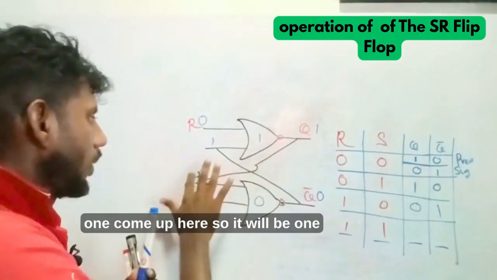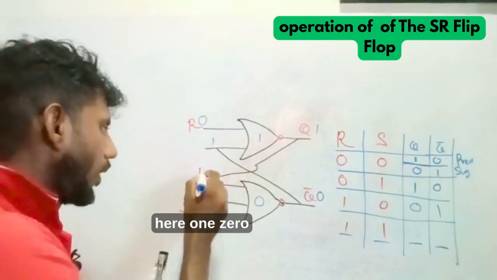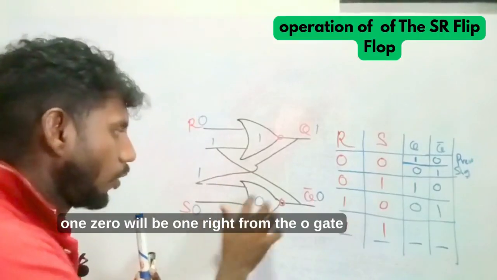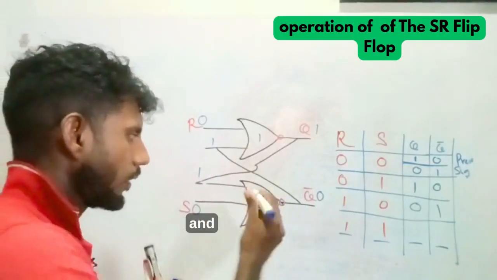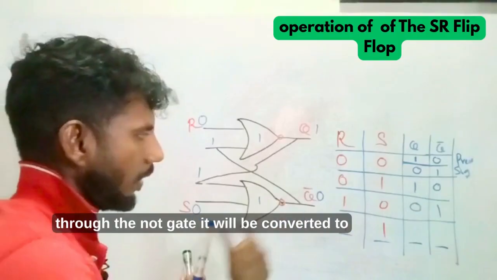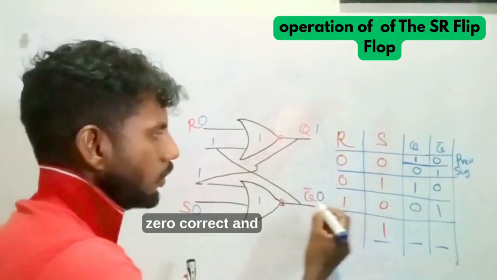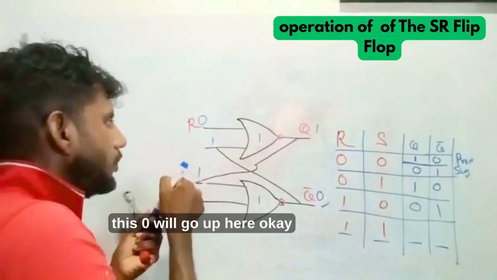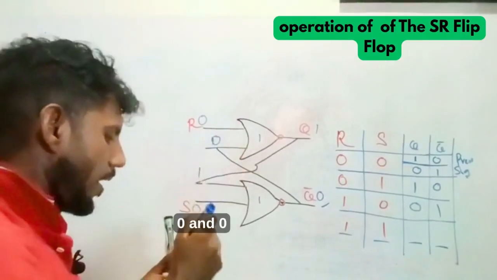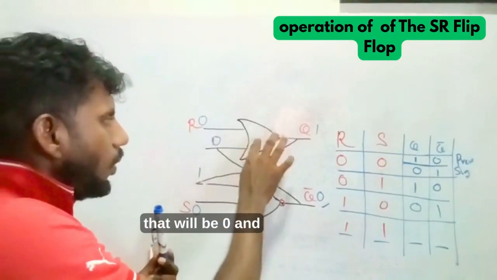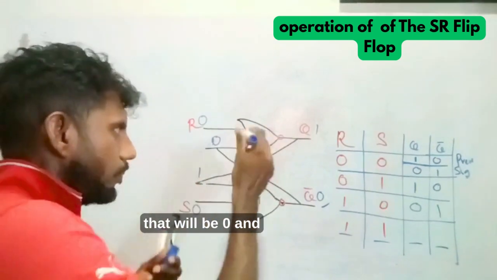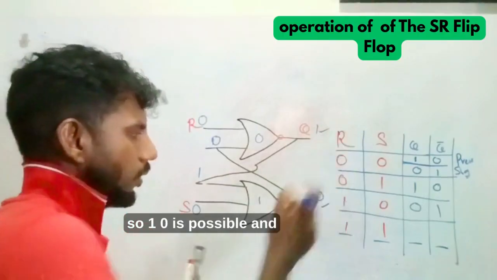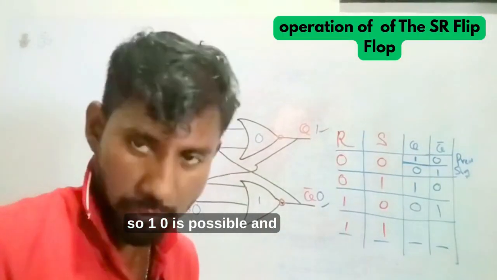This one comes up here, so it will be 1 here, 1, 0. 1, 0 will be 1 from the OR gate, and through the NOT gate it will be converted to 0, correct. And this 0 will go up here, 0 and 0 will be 0, and through the NOT gate it will convert to 1. So 1, 0 is possible.